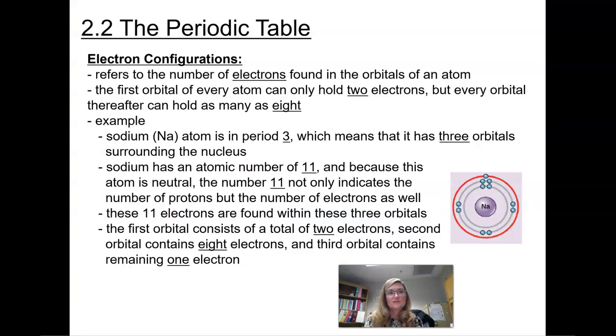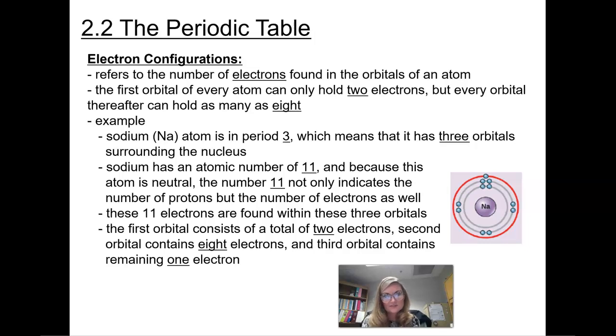Now, electron configurations. This is going to refer to a number of electrons that's going to be found in the orbitals of an atom. Now, the first orbital of every atom can only hold 2 electrons, but every orbital thereafter can hold as many as 8. Example, sodium atom is in period 3, which means it has 3 orbitals around the nucleus, and it has the atomic number of 11.